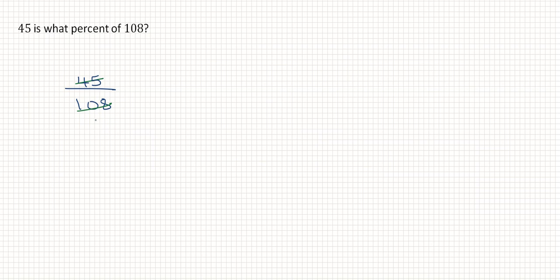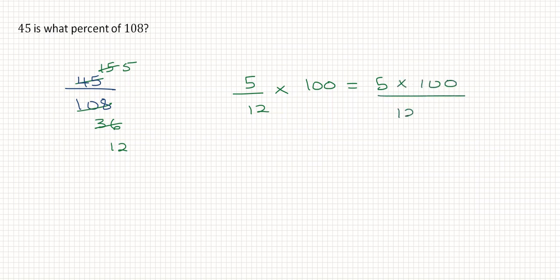We have 36. We have 15. We divide by 3 again. We have 12. We have 5. So now we have 5 over 12 multiplied by 100. Actually, let's not skip steps so that you learn good habits. 5 multiplied by 100 divided by 12.